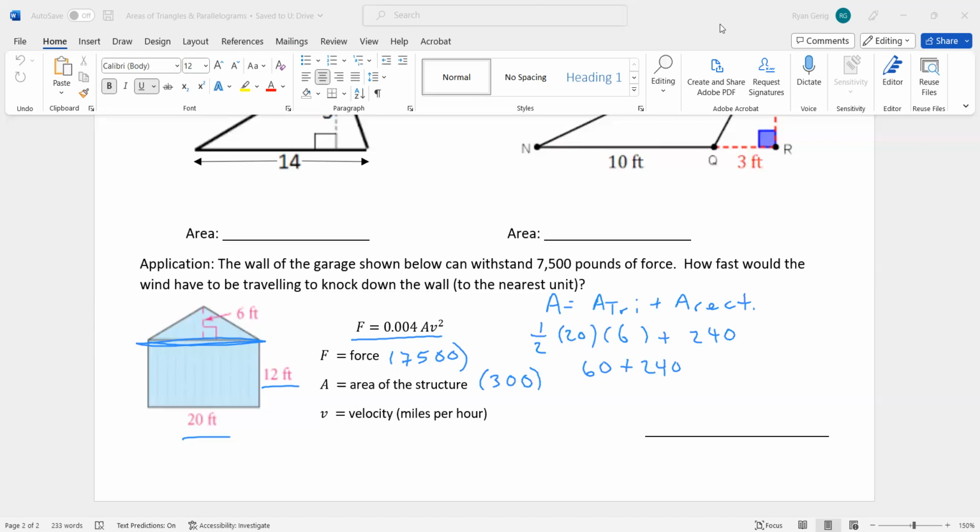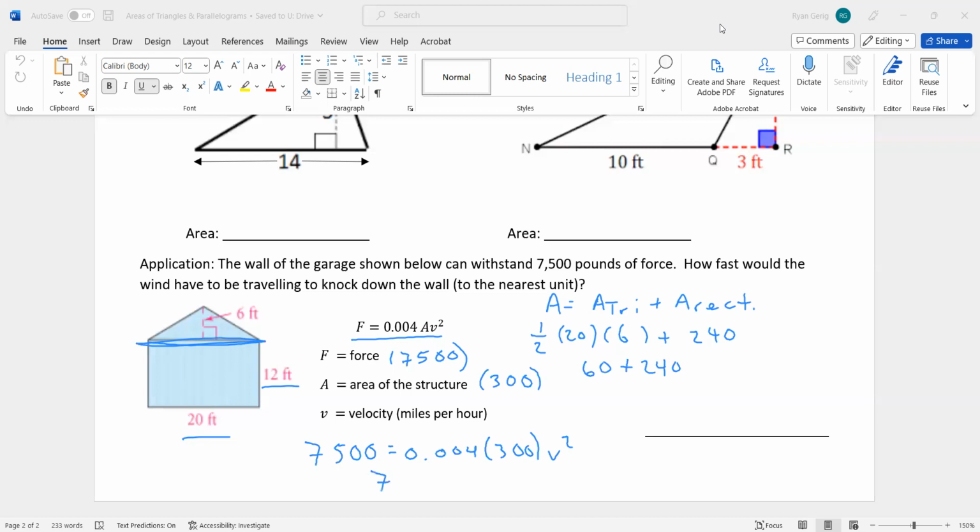All right. So now I can plug my stuff in. F is 7,500 equals 0.004 times 300 V squared. Well, 300 times 0.004 is 1.2.